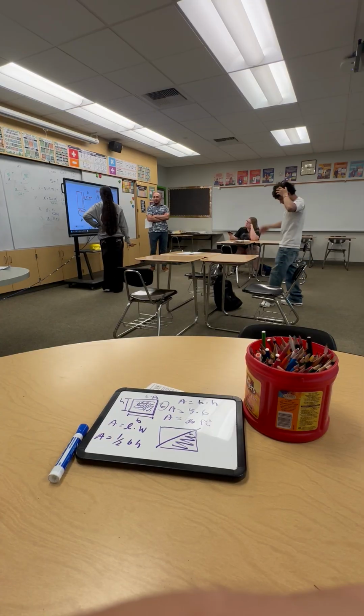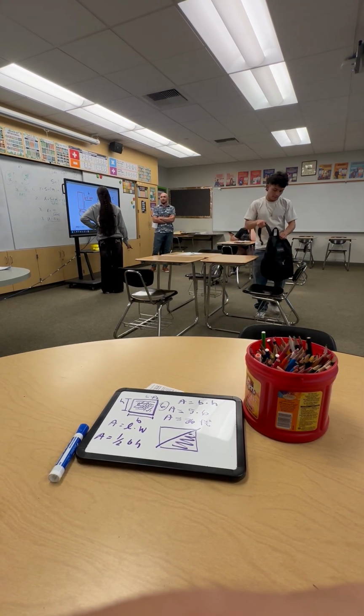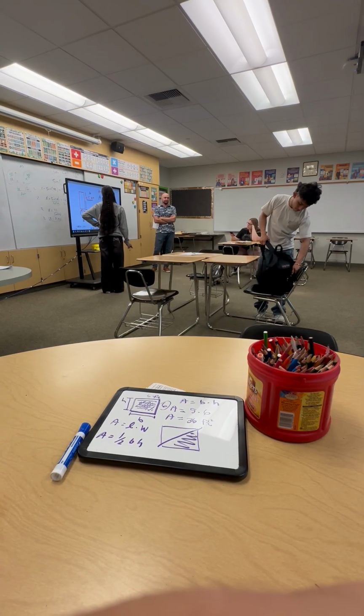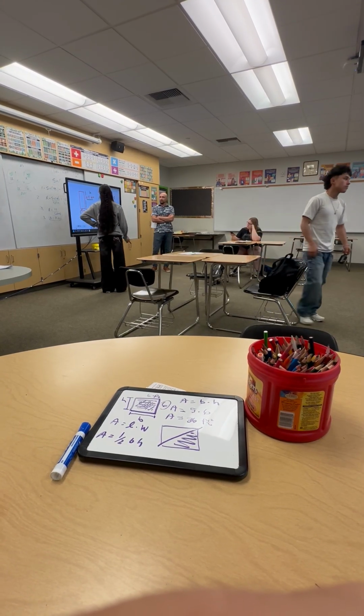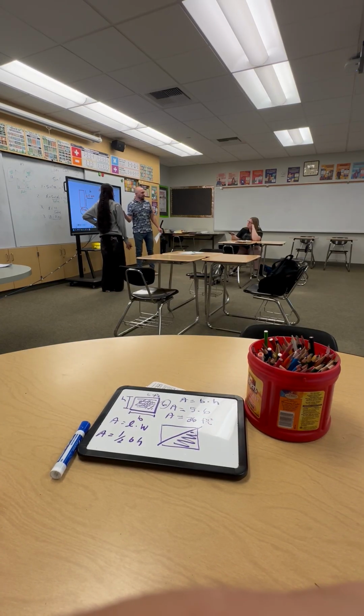Okay, is that all we need to include, or is there something missing? No, I mean, you got the right answer, but there's something missing here. What is it that's missing?